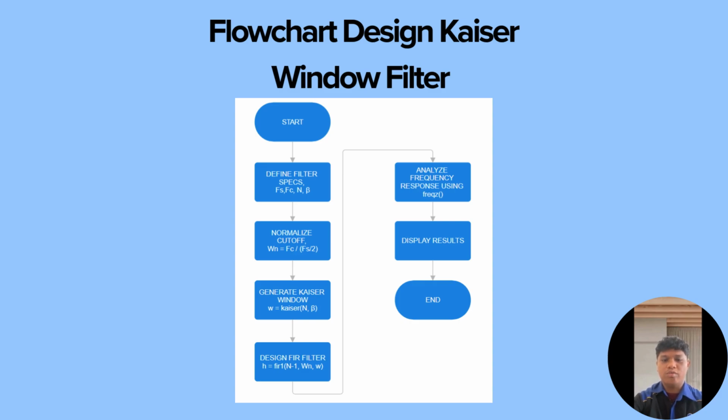After that, we design the filter using the code H equals fir1(n minus 1, Wn, W). After that, we analyze the frequency response using the function FREQZ. And lastly, the output will be displayed on MATLAB, and the program ends.